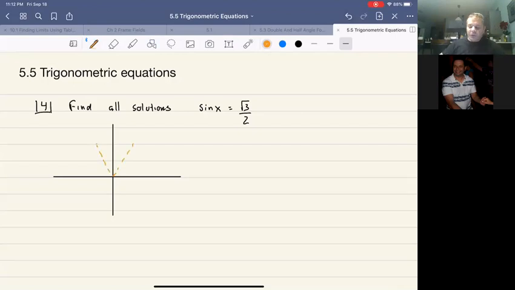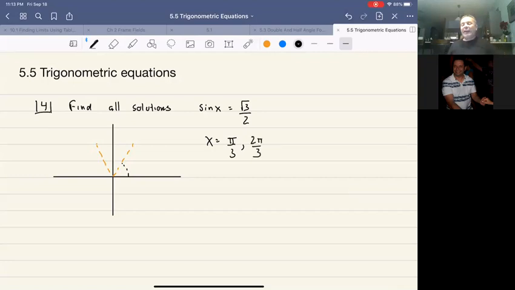So what we get is x equals, now this angle, I always forget, that's pi over 3. And we also get 2 pi over 3.